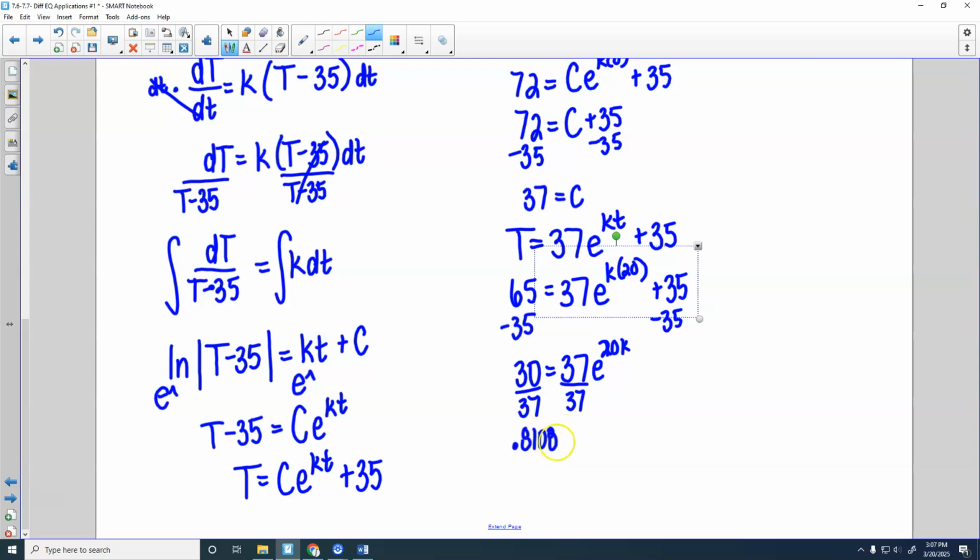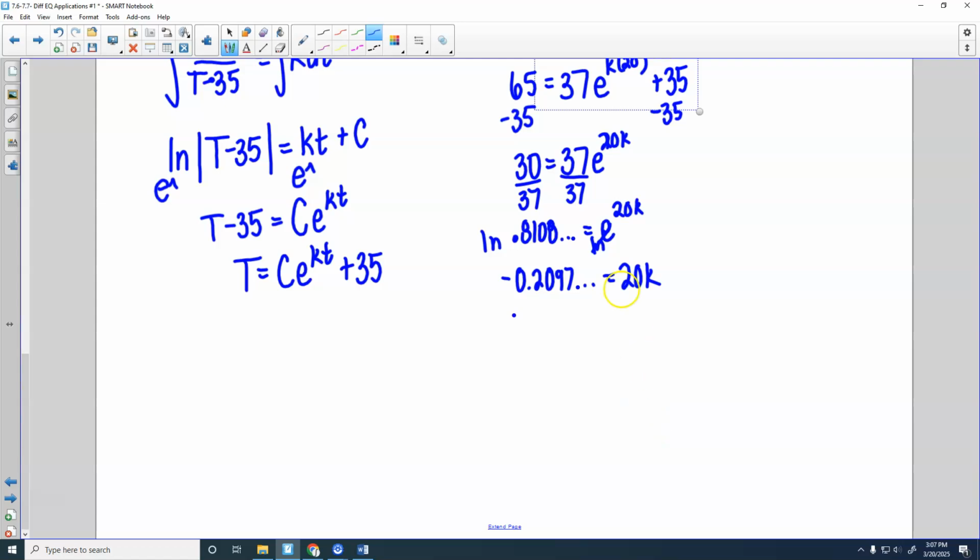I'm going to keep that in my calculator because it keeps on going. That equals e to the 20k. What would I do next? Natural log. If I do the natural log of that number in my calculator, I get negative 0.2097, and that keeps on going, equals 20k. And last step for finding that k, divide by 20.